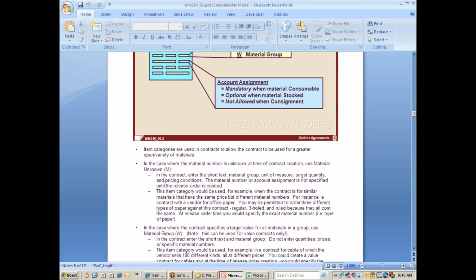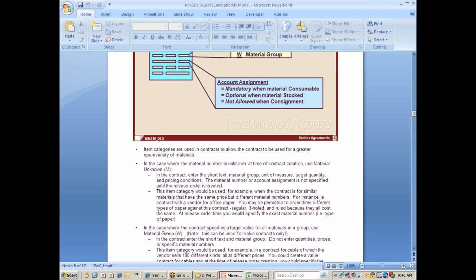So the point to be remembered here is, in the case of value contracts having item category group W, that is material group, all the materials covered as part of the value contract should belong to the same material group, but they will have different prices.